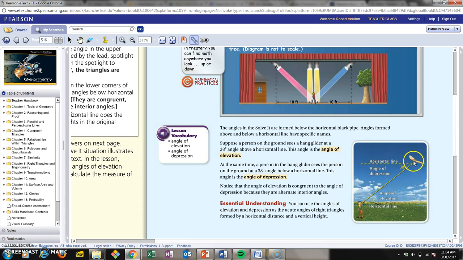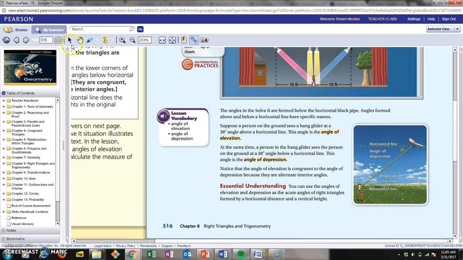And then for any object, maybe in the sky, looking down, you have your horizontal line and then an angle looking down. That's the angle of depression. Depression usually means down, maybe a person is down, and elevation means higher.